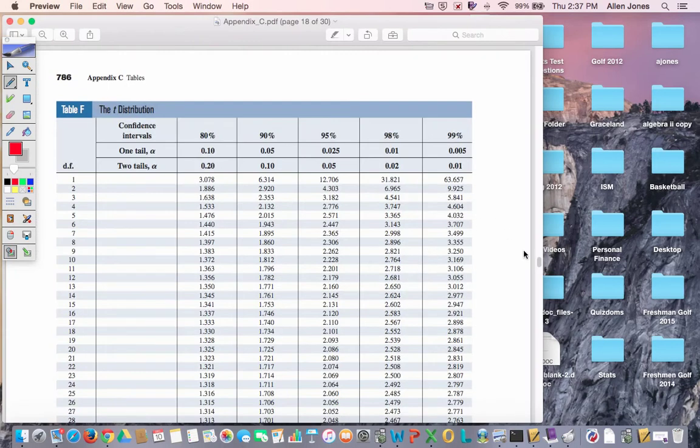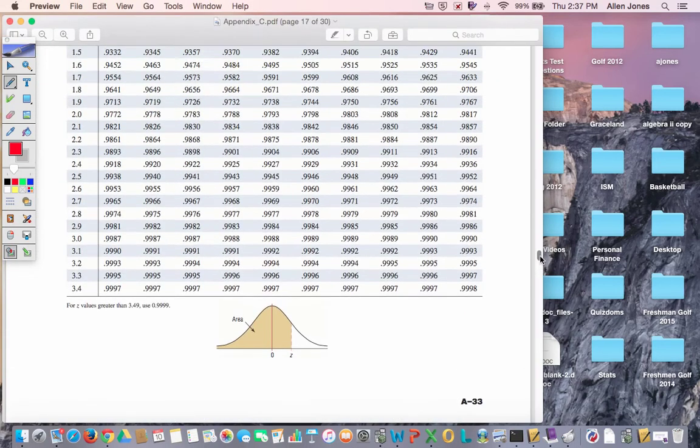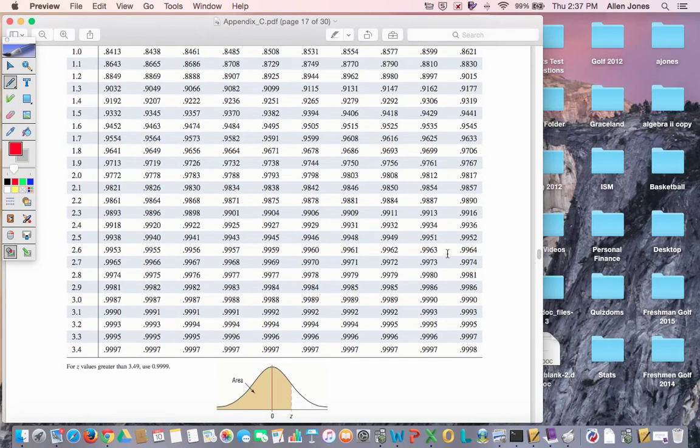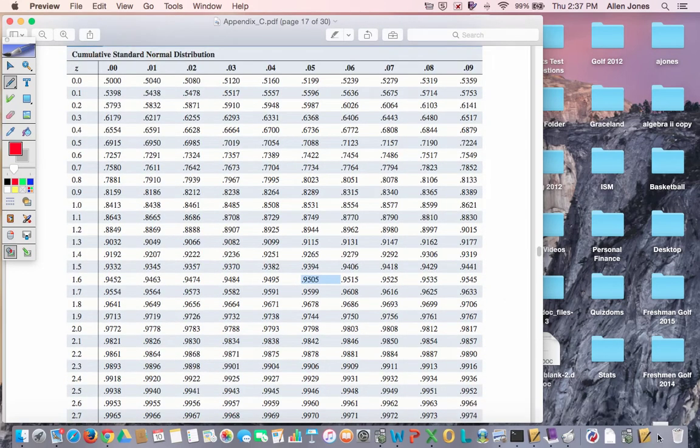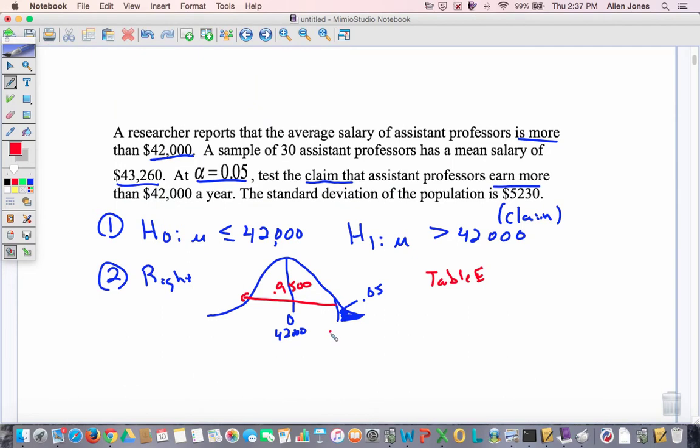Hopefully this is going to come up. Okay, so I scroll back up here and I'm going to find the value closest to 0.9500, and that's right up here. If I work my way back out, that's 1.65.